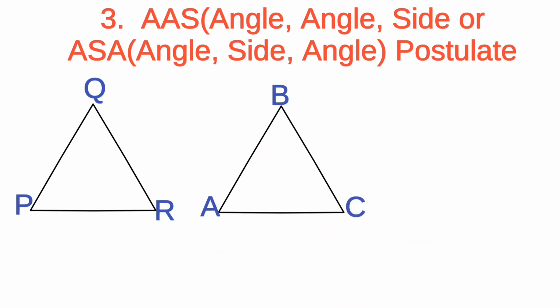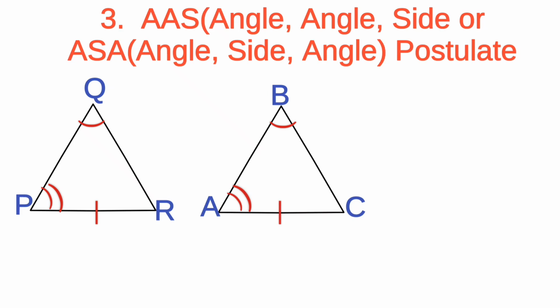Now, if angle Q is congruent to angle B and angle P is congruent to angle A and side PR is congruent to side AC, so we can say that these two triangles are congruent.